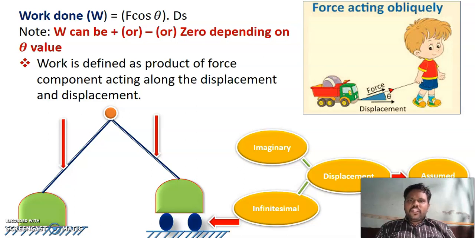Work is said to be zero if the force component is perpendicular to the displacement of the body. When the displacement of the body is zero, then no work is said to be done. Then the body is under equilibrium condition.